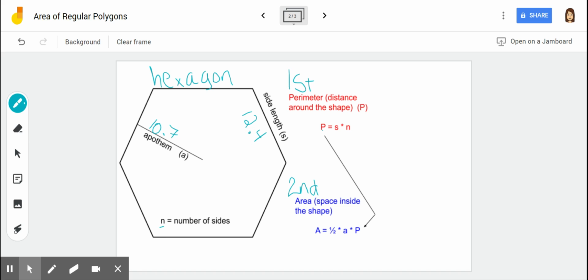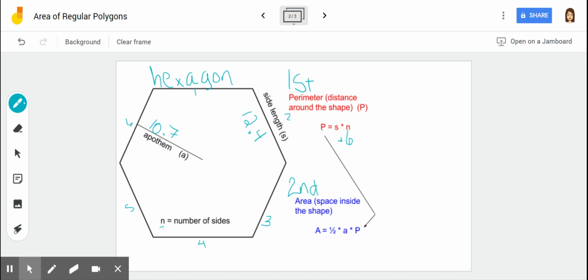What is my N? It's my number of sides. And if I count my sides, I see that I have 1, 2, 3, 4, 5, 6 sides. Now, in other problems, the number of sides will be different.